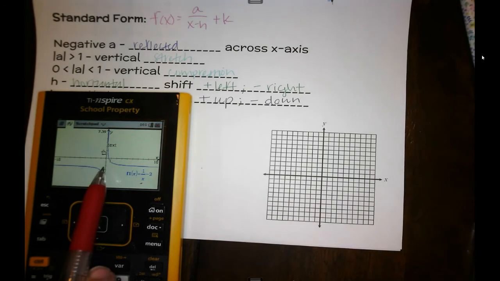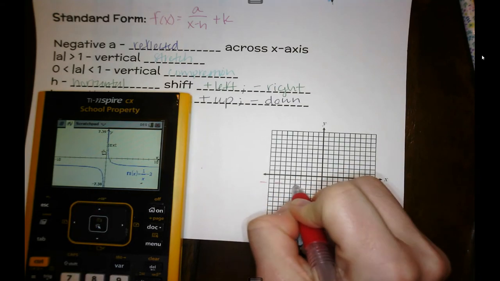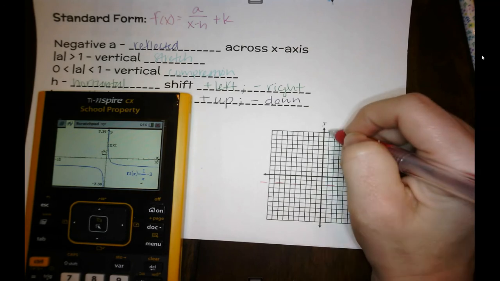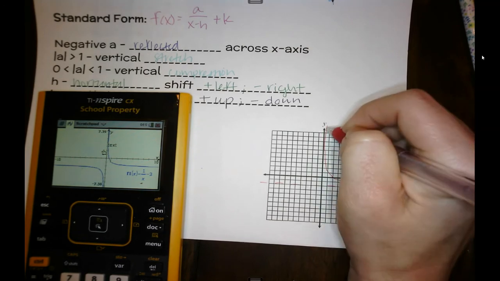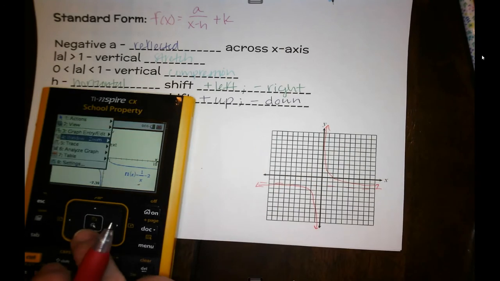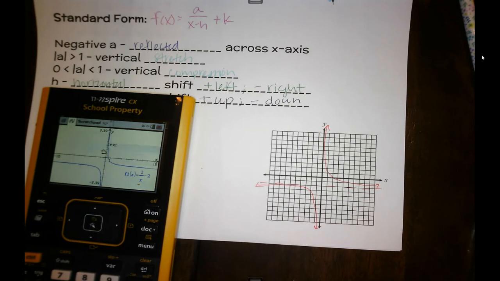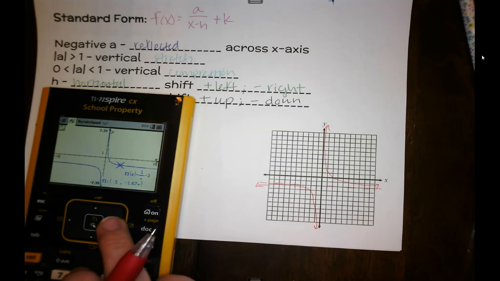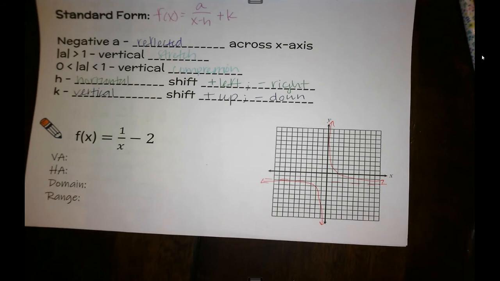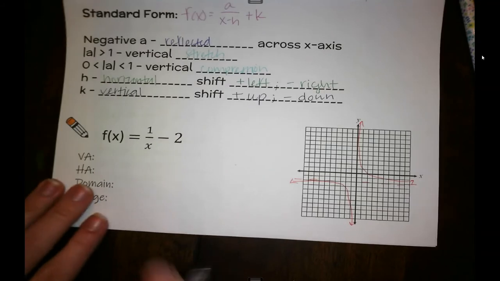That means that instead of that horizontal asymptote being at 0, we've moved it down 2 to negative 2. Okay. And then everything else stayed the same. So this is basically where our graph is. I'm sure there's some way you can find asymptotes on that calculator. I just don't know how to do it.